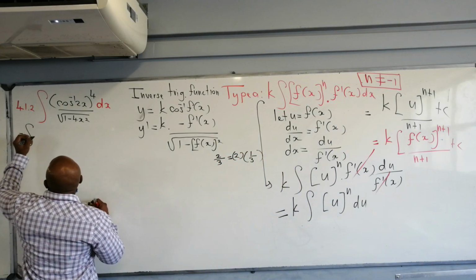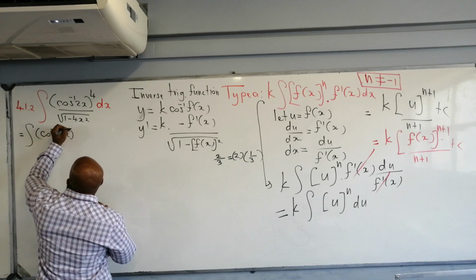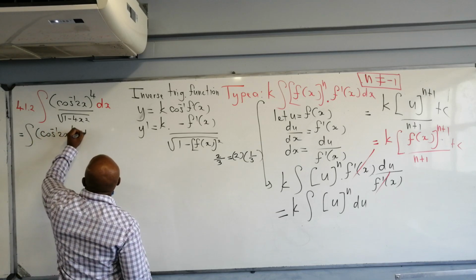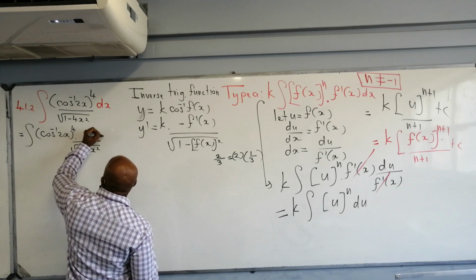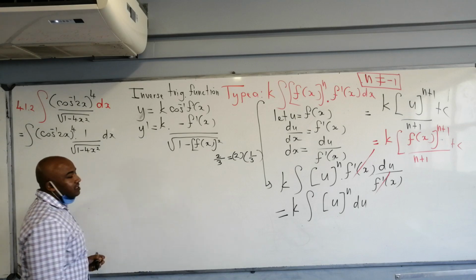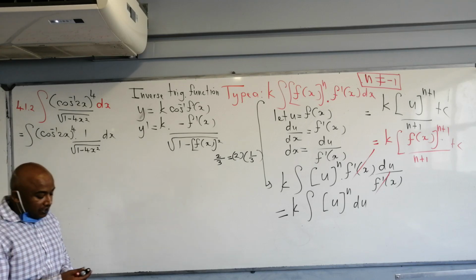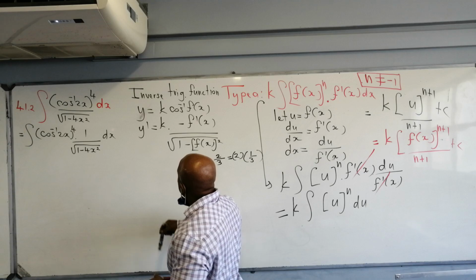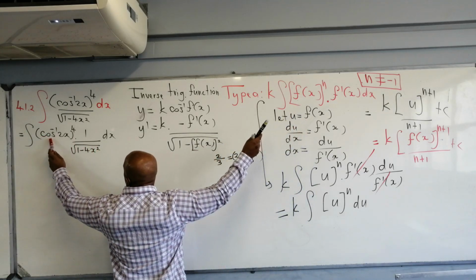This is the same as inverse cos 2x to the power 4 times 1 over the square root of 1 minus 4x squared dx. It's the same thing. Division, multiplication. You can see from division to multiplication. Now, what do we do? We know that this now is your f of x.